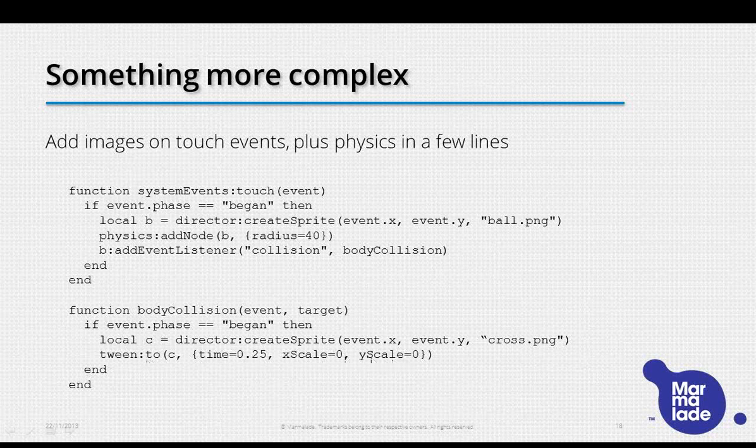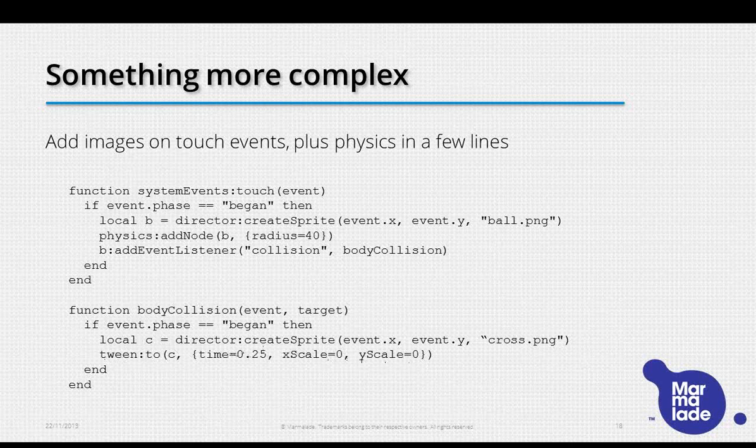So that'll basically make the image shrink down straight after it's created. You can also tween lots of other things like position, rotation, color channels, so you can tween the red, green, and blue separately, and so on. So it gives you a very simple way of creating animations with usually 1 or 2 lines of code.